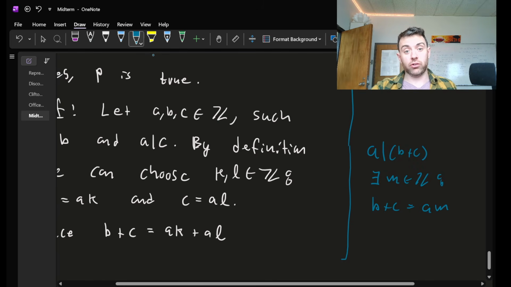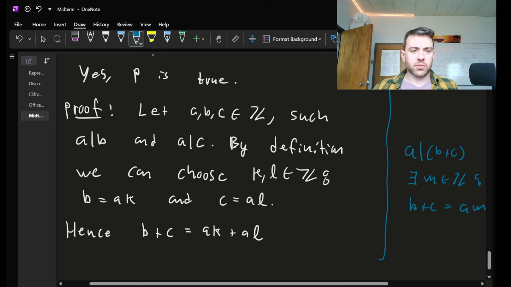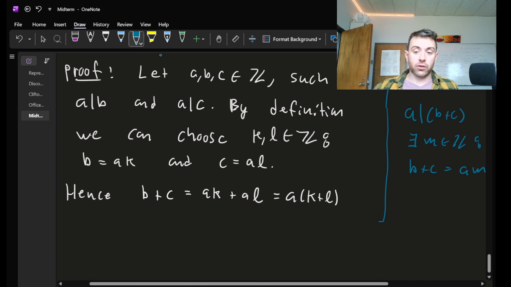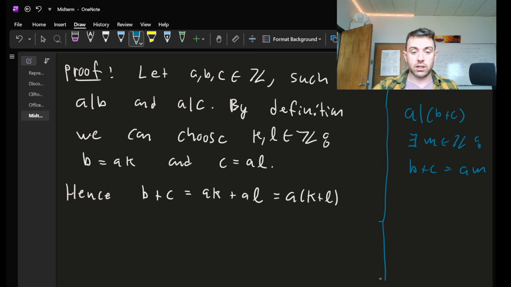Okay, I have an equation with B plus C. Can I write this as A times something? Well, yeah, I've got a common factor of A, right? So now I just tell the reader, I don't need to remind them of the full definition of divisibility.